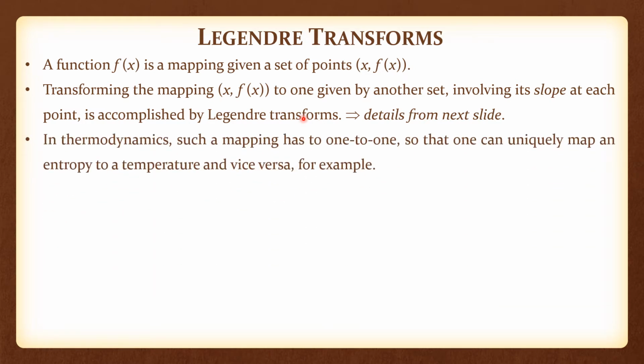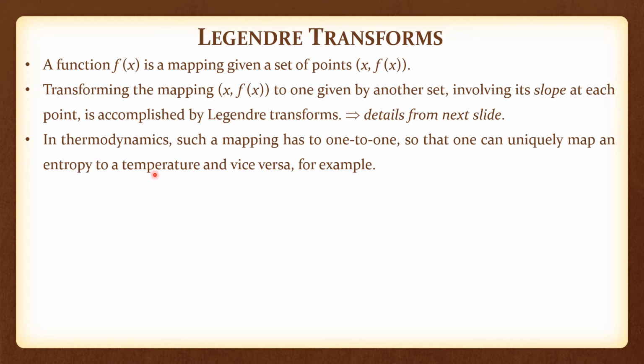In thermodynamics, before we go into the actual Legendre transformation, it is important to recognize that such a mapping has to be one-to-one. In other words, going from this system to another system, one based on x to another based on m, this transformation has to be one-to-one, so that you can uniquely match an entropy to a temperature and vice versa.